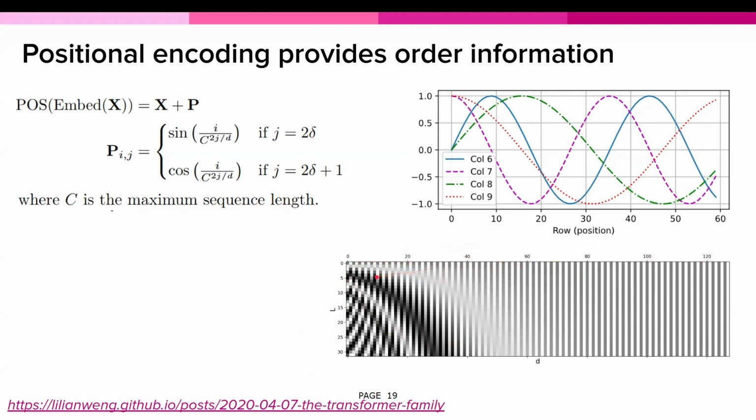And you can also see how the leftmost columns, they're oscillating the fastest. So this represents the faster frequencies, and then the higher dimensions, they're oscillating more slowly. We're gradually fading as we move from left to right.